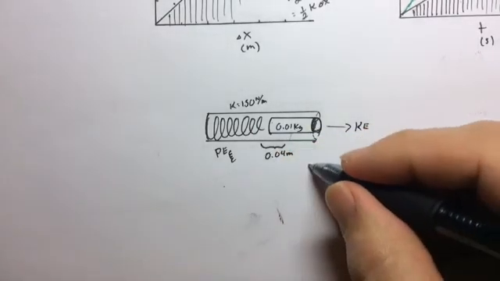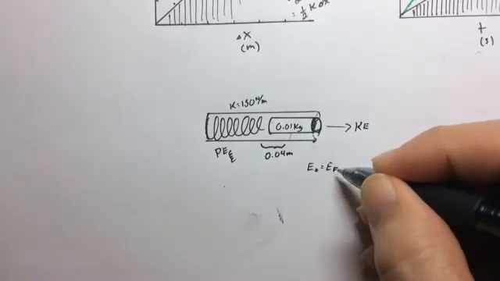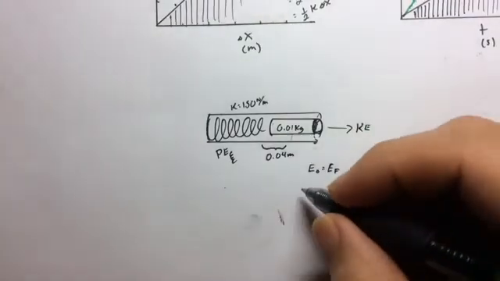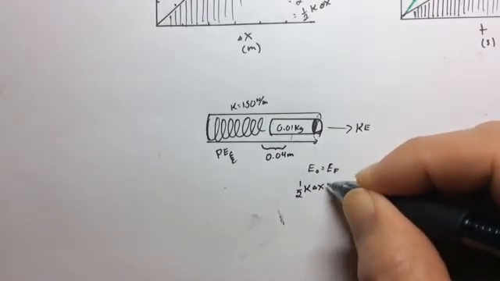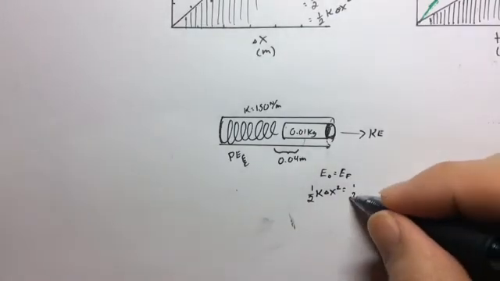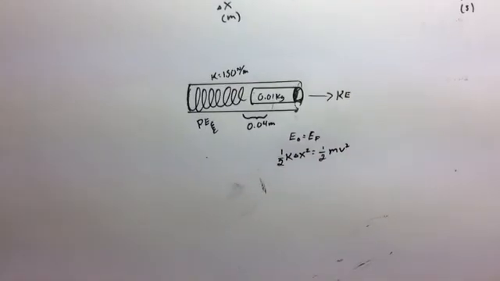Due to the law of conservation of energy, if we ignore friction, which is hard to account for in most real-life situations, my energy in the beginning is spring potential energy, 1/2 kx squared, and finally it's going to be 1/2 mv squared, or kinetic energy.